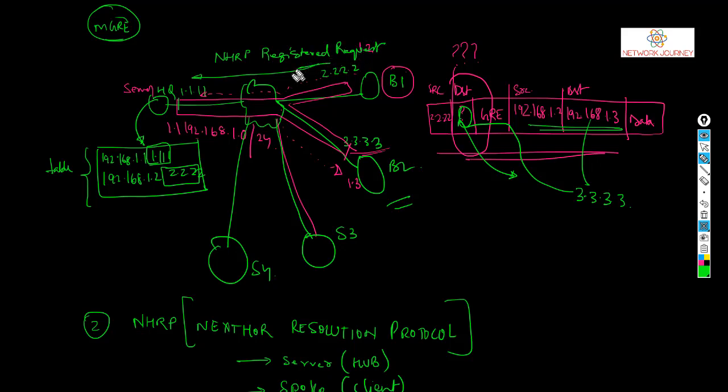Basically this is a request made from the spoke asking what is the rightful public IP for this private source. Now the server has to respond back to the spoke, and that will be called the resolution reply.